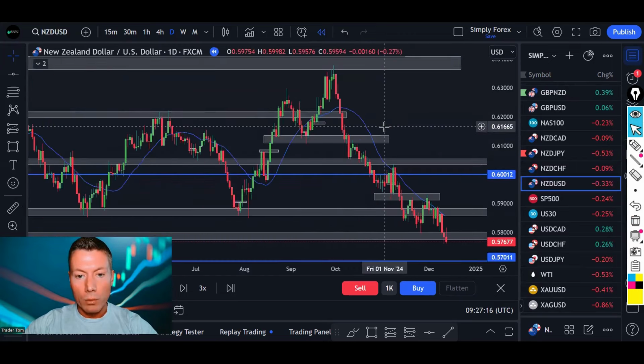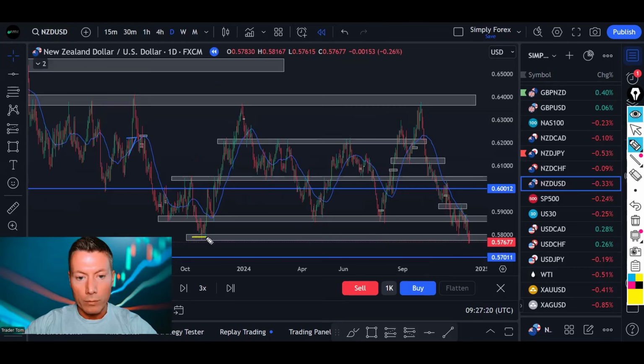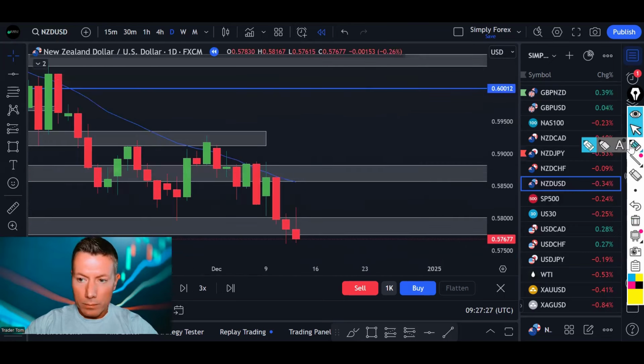Now, if I scroll out, this is a key support level over here, and this is where price is at. You can see we do have a bit of a wick that's closed back into that, and a nice big bearish wick, but we haven't broken these lows really.